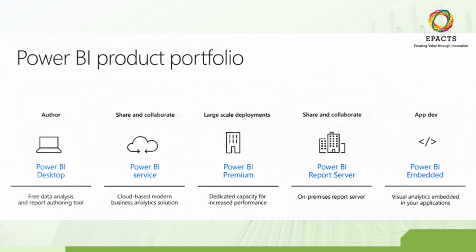You also have the reporting service that can be used for data that has to be picked up from your on-prem services. And your developers can use the embedded services to integrate your Power BI reports and dashboards within your line of business applications.